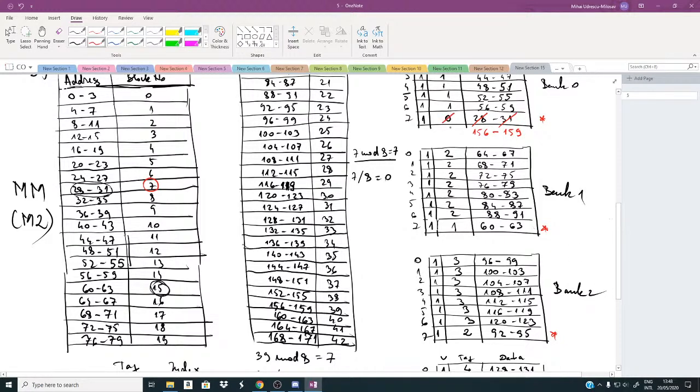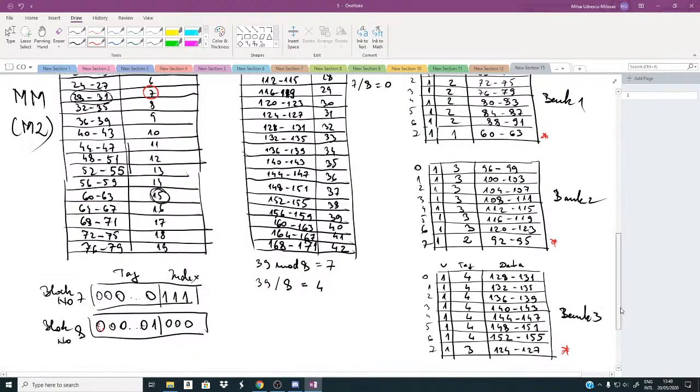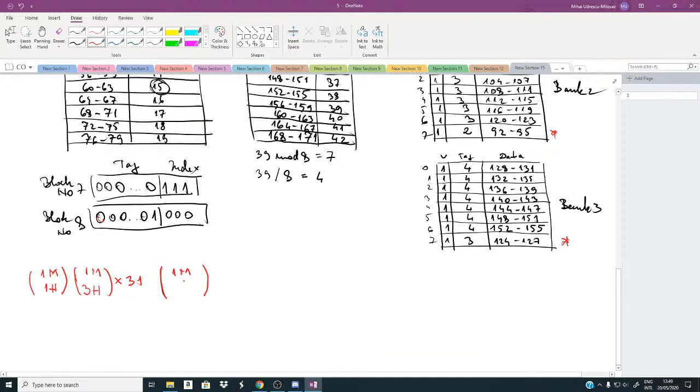The tag is 4, as already computed. And that means one miss, 156, but 157, 158, and 159, these are 3 hits.